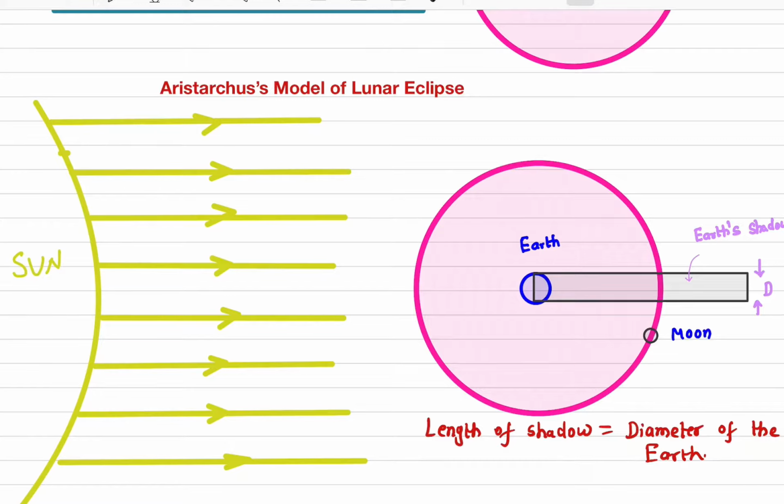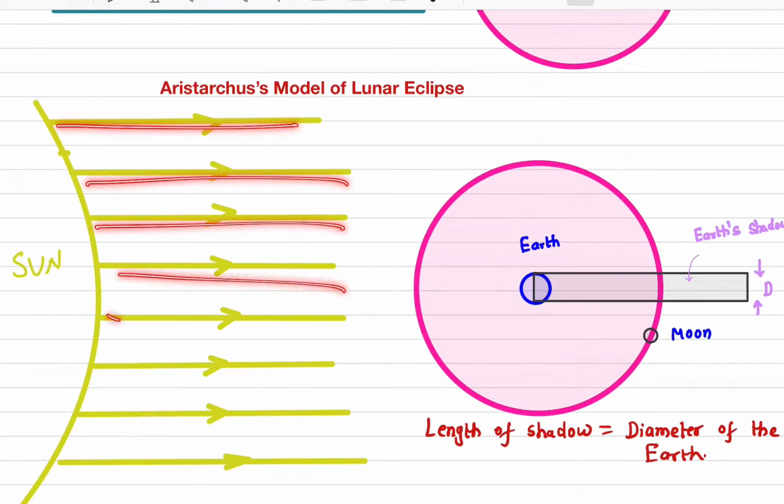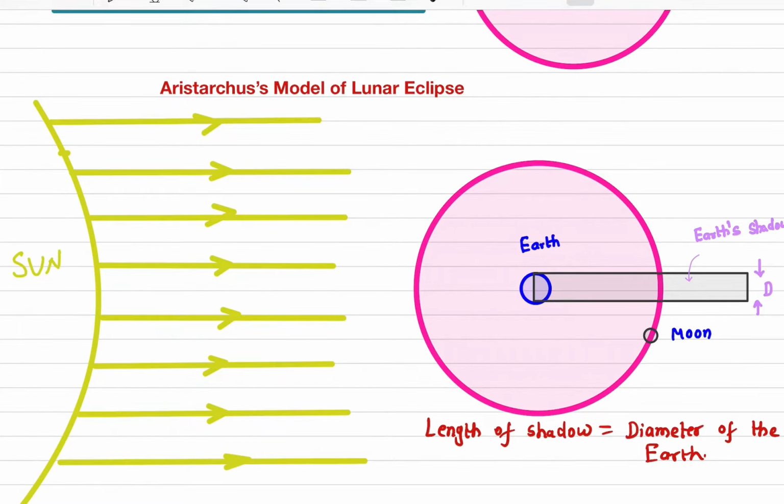Okay, so now what was his assumption? Aristarchus assumed all the light rays coming from the sun are parallel, and this is very important. This is his assumption.